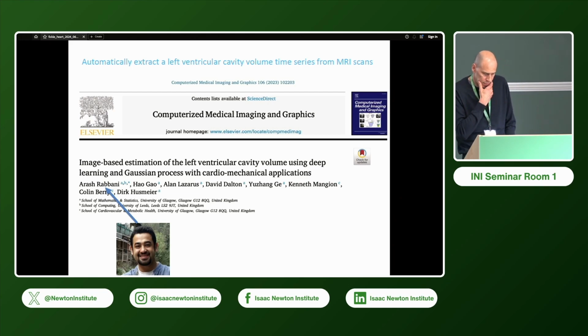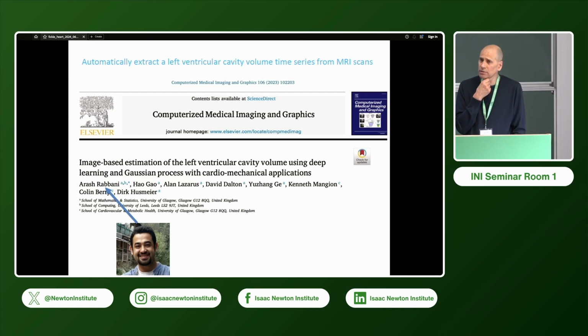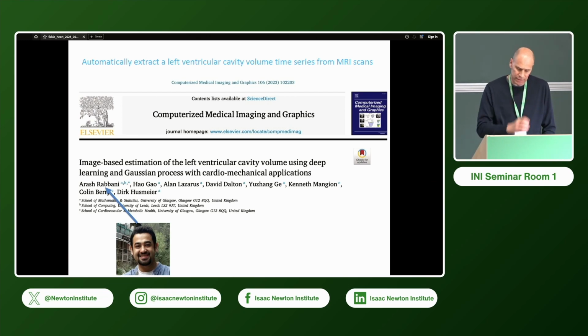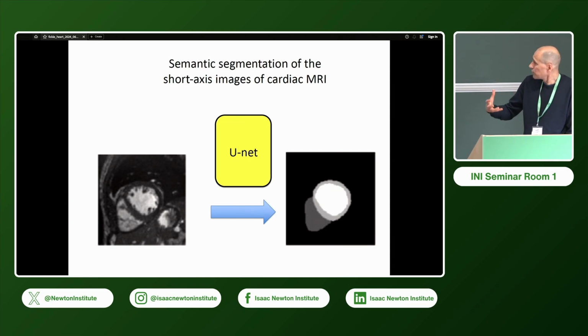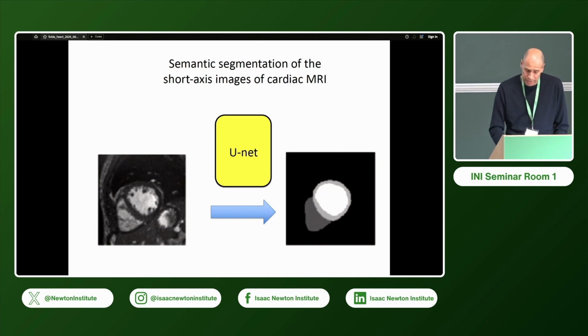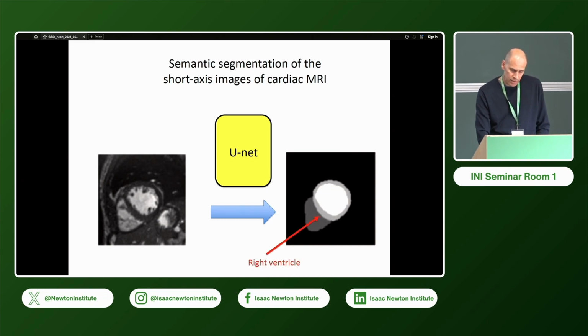That is work of a former postdoc of ours, Arash Rabbani, who is now a lecturer at the University of Leeds. His idea was to take the magnetic resonance image scan and then apply a neural network, a U-Net, for segmentation.